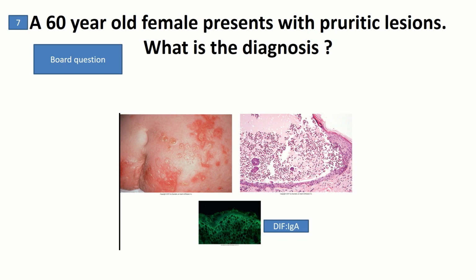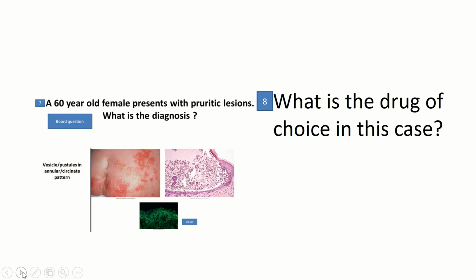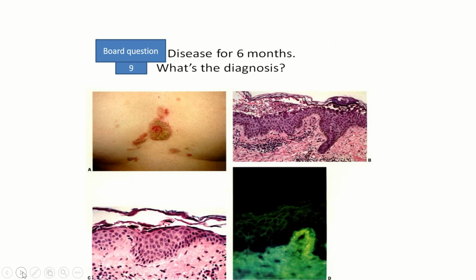The diagnosis for this one is IgA pemphigus. As you see, the test maker mentioned here that the lesions are pruritic. IgA pemphigus presents clinically with vesicles and pustules in circinate and annular pattern. And the drug of choice for this condition is dapsone.